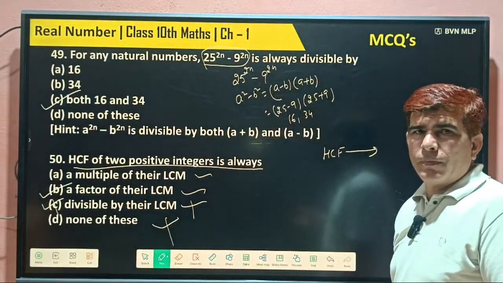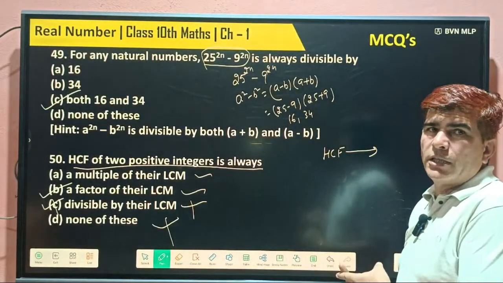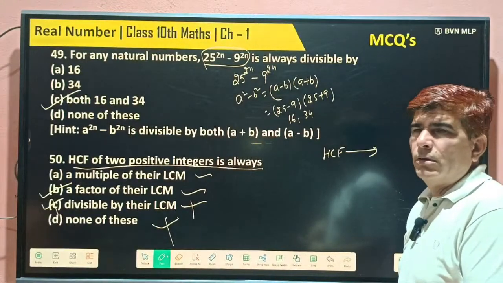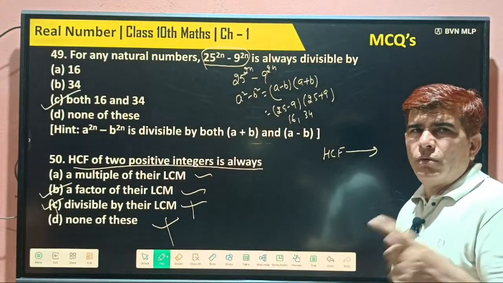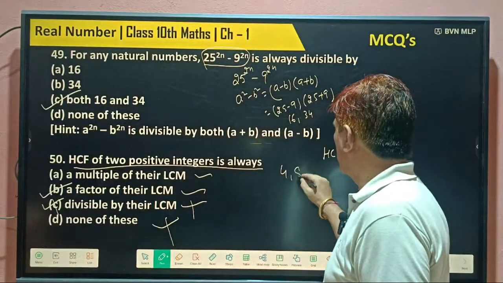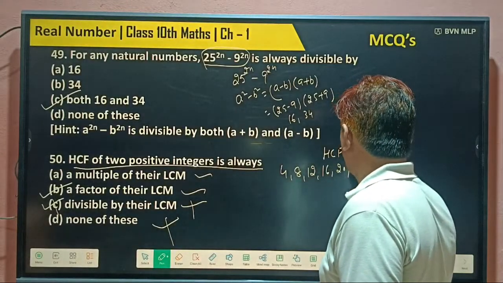Multiple means greater than or equal to. So LCM is a multiple of HCF. Understood? Like this: 4, 8, 12, 16, 20, 24.